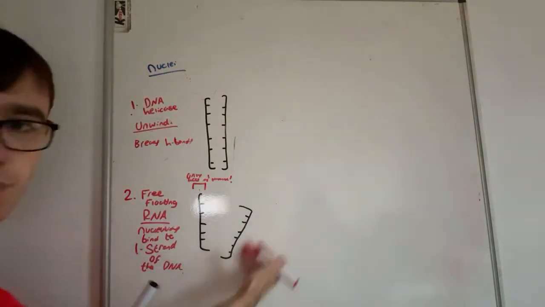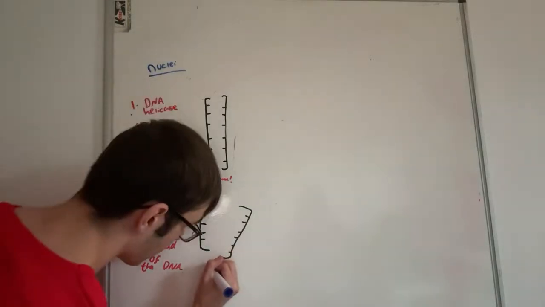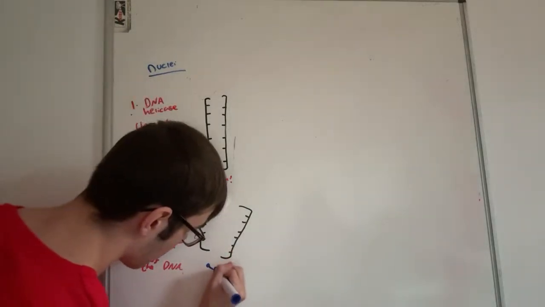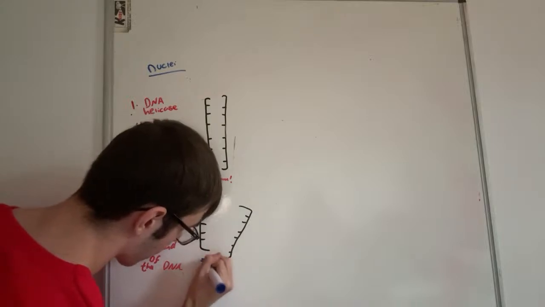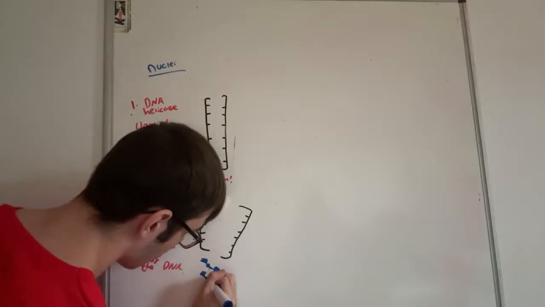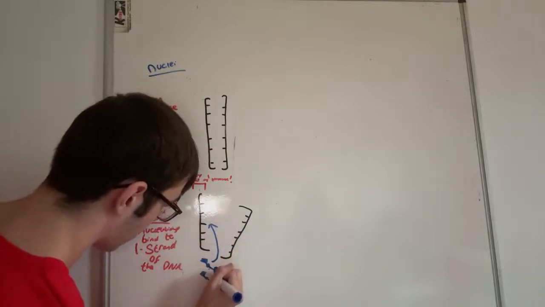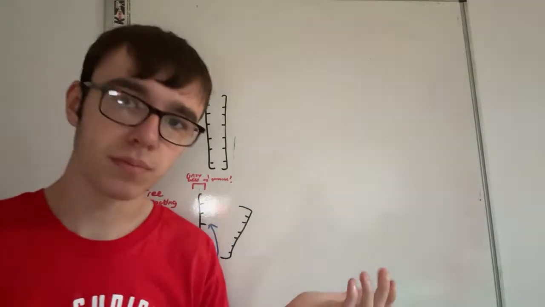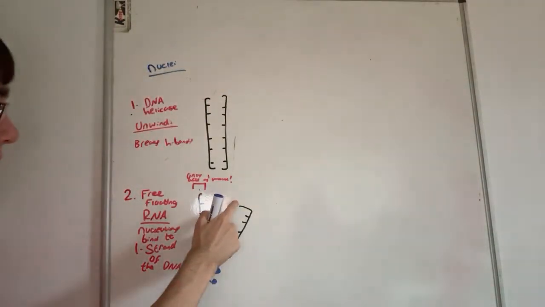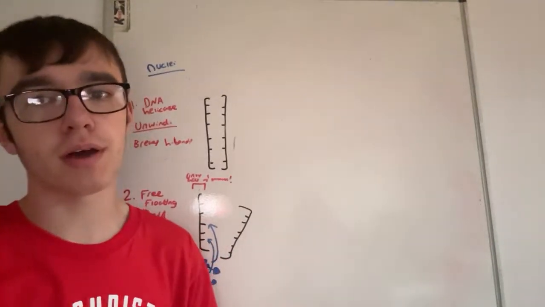The other side can piss right off. Okay? So we have our RNA. I am butchering this drawing. Oh my god. So they are going to bind to their complementary base pairs, but only on one side. Unlike DNA replication, where they would bind to both sides. So that is a huge difference.